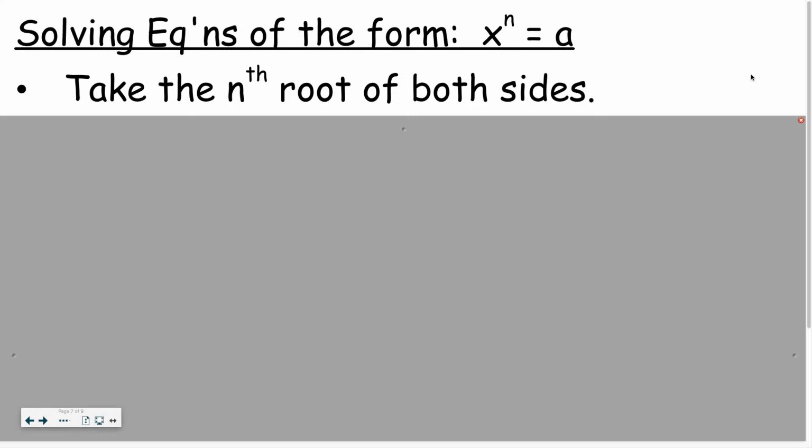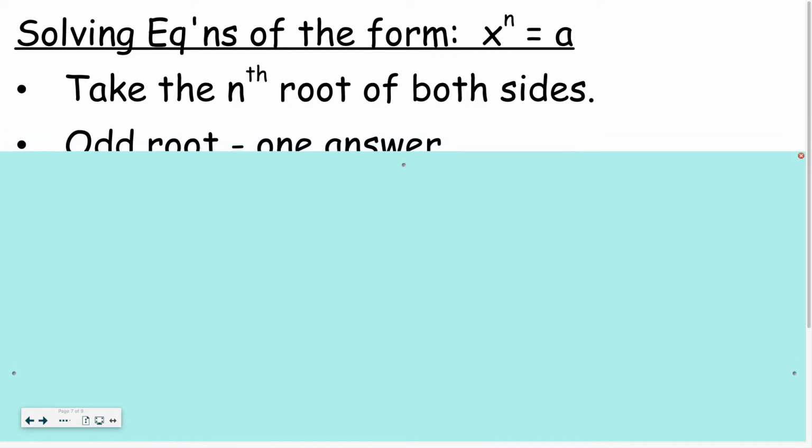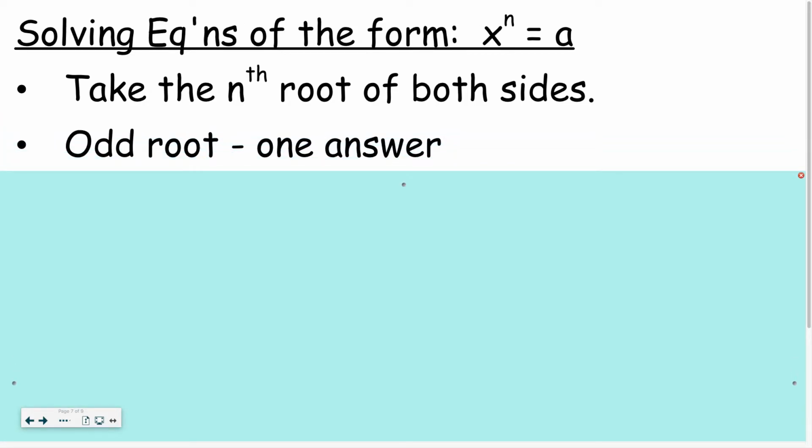Okay, and if it's c to the 4th equals 1, take the 4th root of both sides, and c is equal to 1. There's a little bit extra that we need to make note of. If you take an odd root, there is one answer.